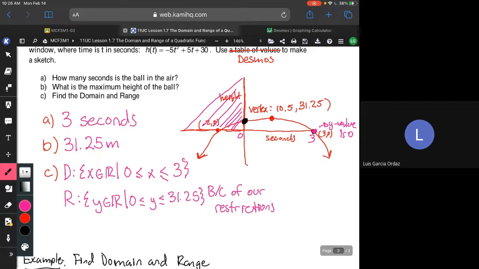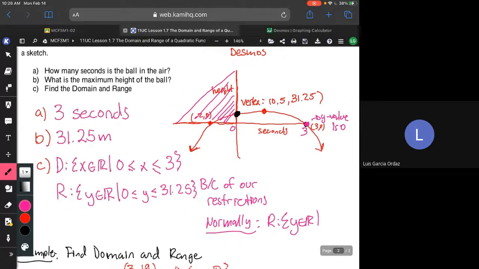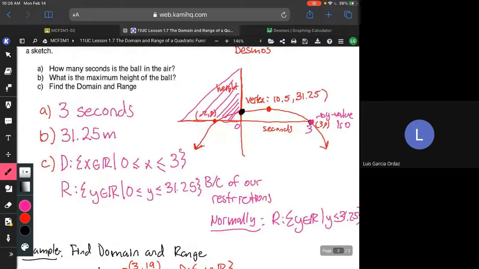However, normally our range would be, as Sarah said, y ∈ R, such that y is less than or equal to 31.25. So take a couple seconds to copy that down.